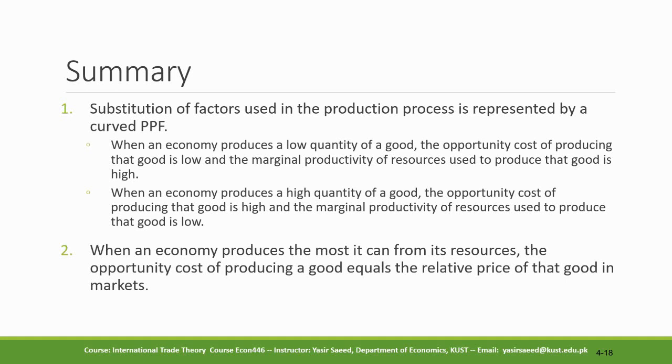Then the second point is that when an economy produces the most it can from its resources, the opportunity cost of producing a good equals the relative price of that good in the market. This is related to the budget constraint, the slope of the iso-value line. It basically means that both the production possibility frontier and the iso-value line must have the same slope at a certain point.